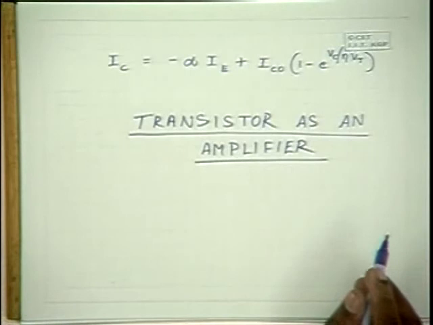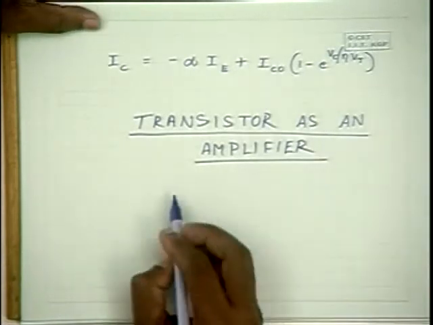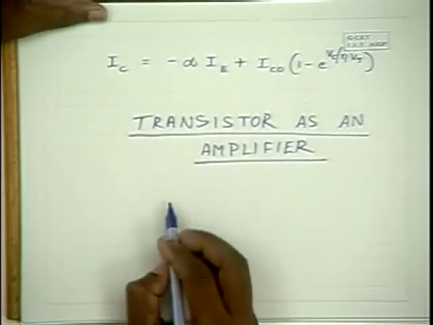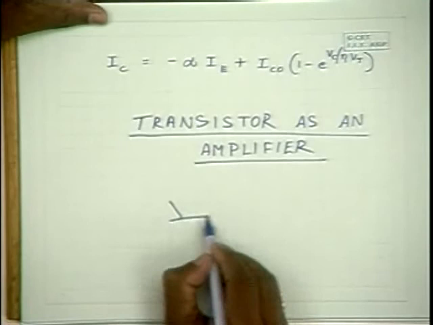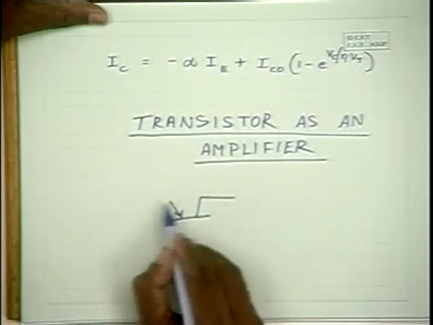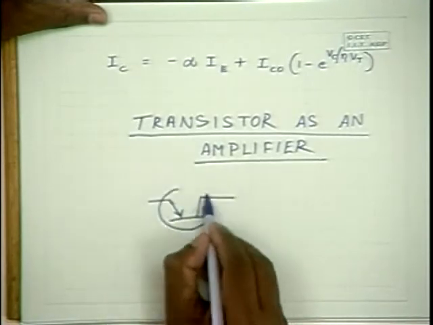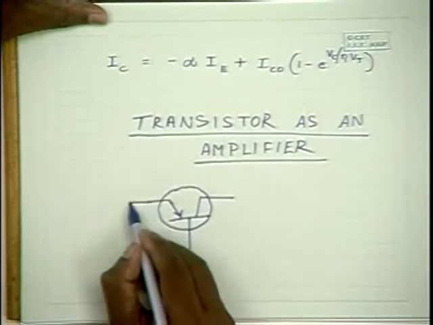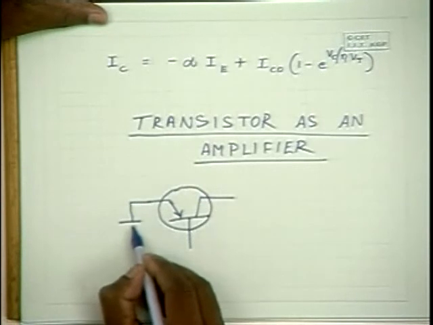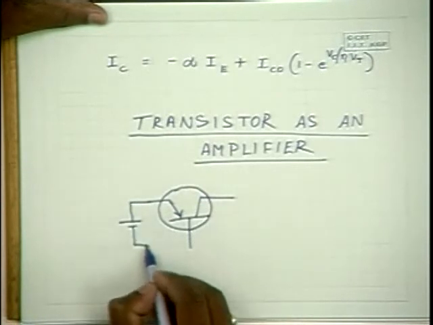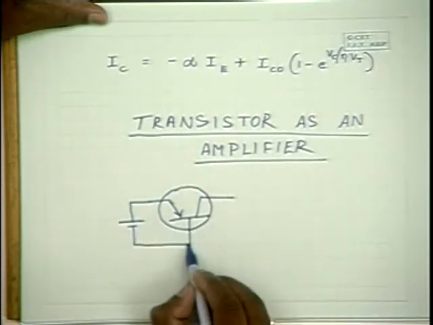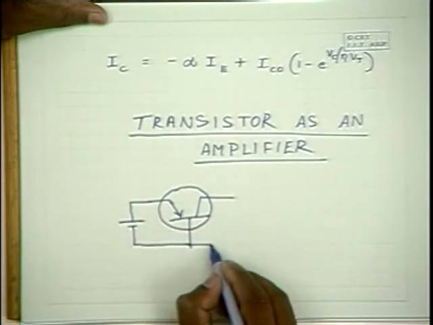In this transistor which you have seen here, this is a PNP transistor. We have forward biased the emitter junction and reverse biased the collector junction.